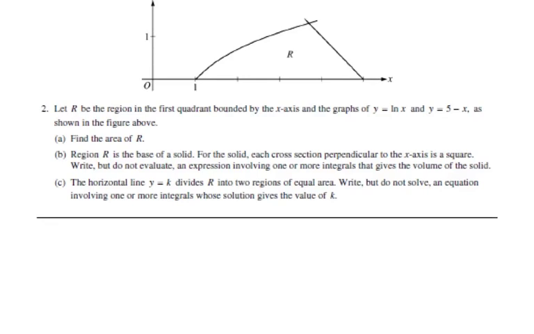C is asking that the horizontal line y equals k divide this region into 2 equal areas. There are a couple of ways we can divide: vertical or horizontal, either way. But in this case, because it says y equals k, this tells me k should be a horizontal line.